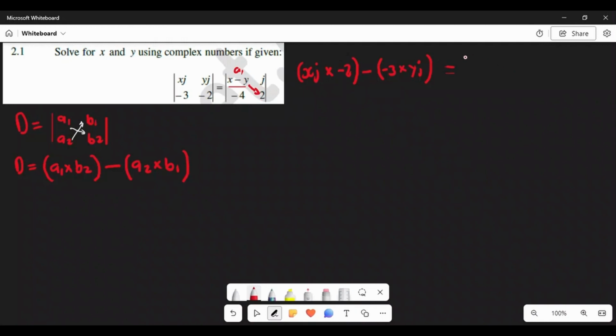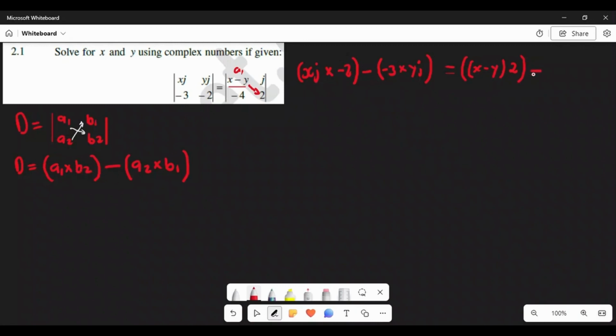So it's going to be A1, which is x minus y, multiplied by B2, which is 2. Even if you put it in a bracket like that, and then you close everything, and then don't forget, after this one you subtract.